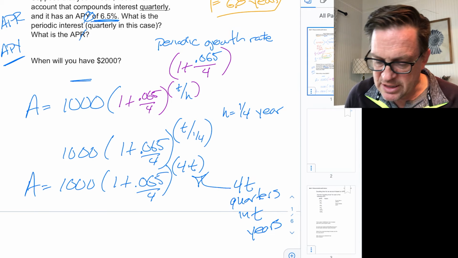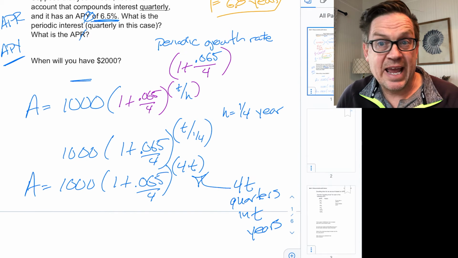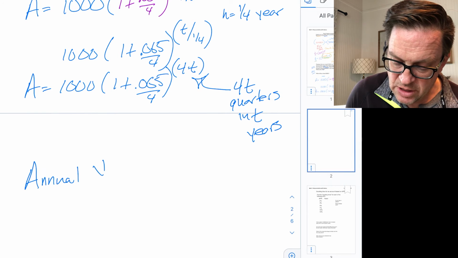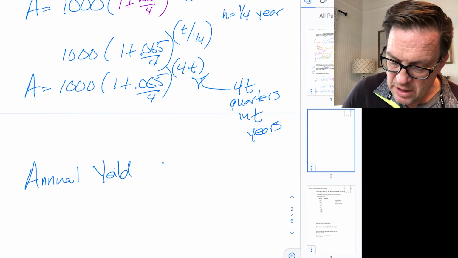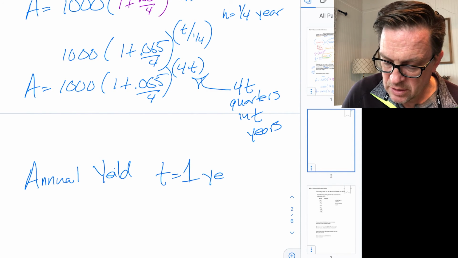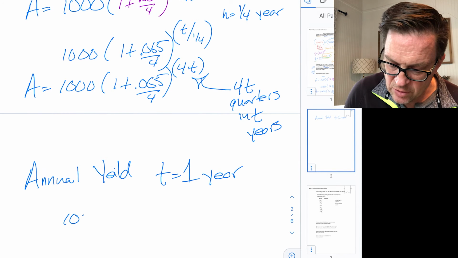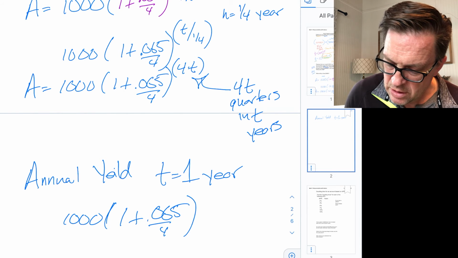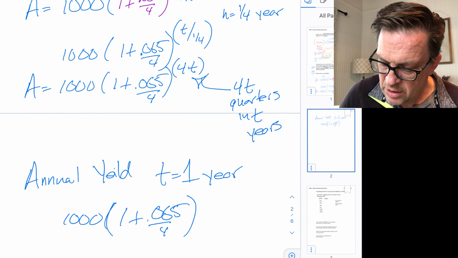So let's do the calculations. What is the annual percentage yield? Annual yield is when t is 1 year. So what do I get? I go from 1,000 times 1 plus 0.065 over 4 to the 1 times 4.